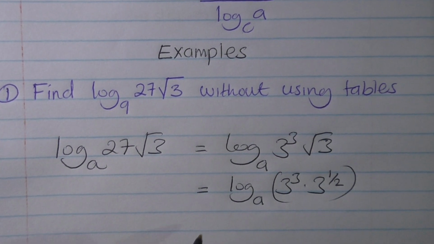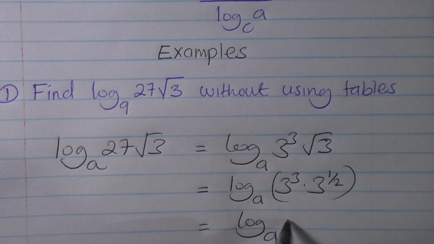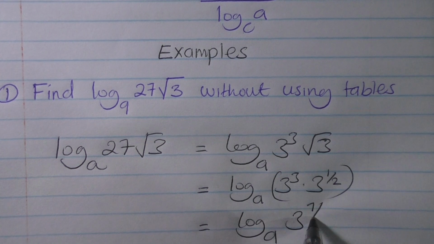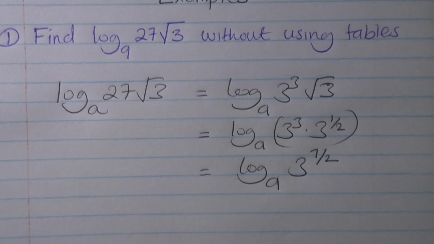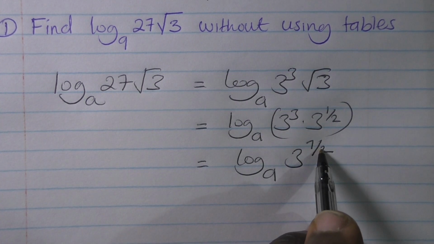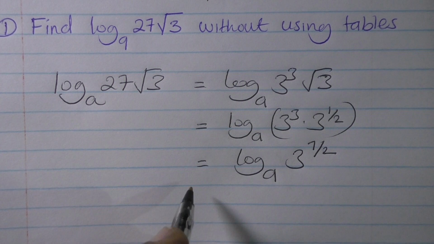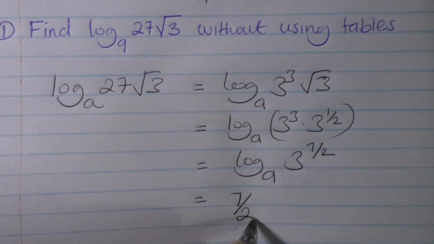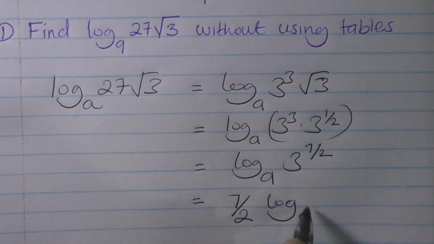So we shall add the powers to give us log a 3. When we add the powers, we get 7 over 2. So we take 7 over 2 down, and end up with 7 over 2 log a 3.